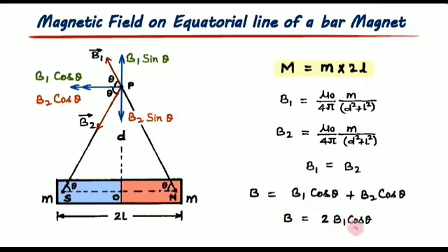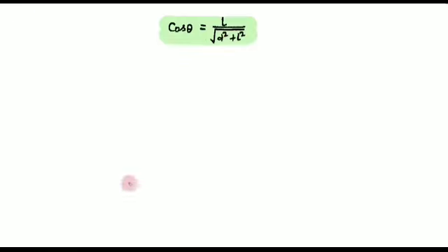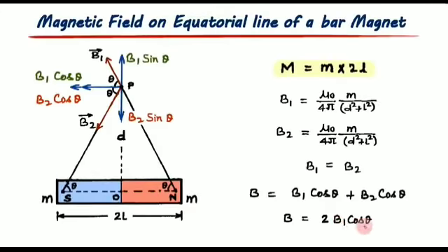Now substitute the values: B1 cos theta plus B2 cos theta. So B is equal to 2 B1 cos theta, since B1 is equal to B2. Next, cos theta is equal to L by the square root of d squared plus L squared.